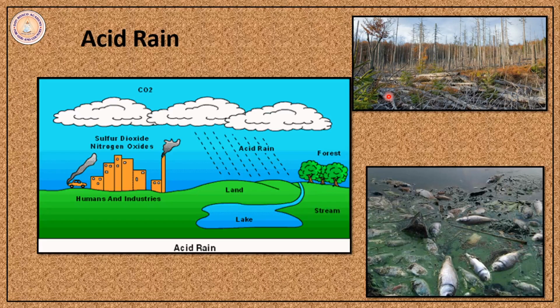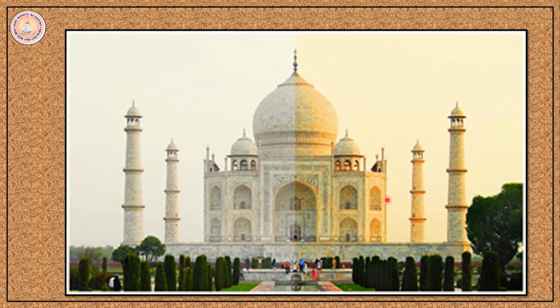Soil, plants, buildings, monuments, fishes, all these things get affected by acid rain. The world famous Taj Mahal is made up of marble and is affected by acid rain.